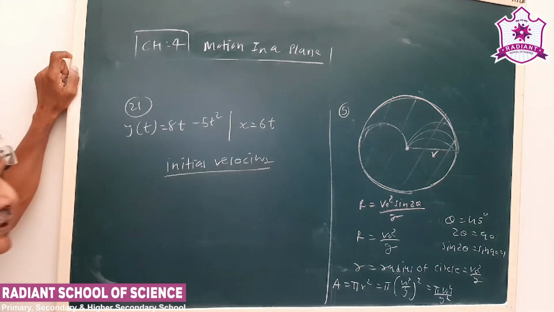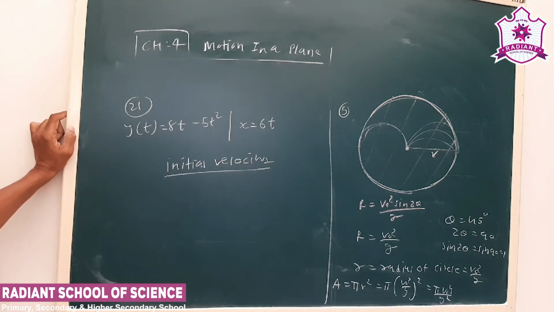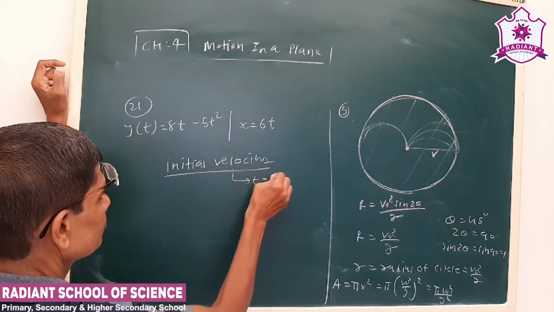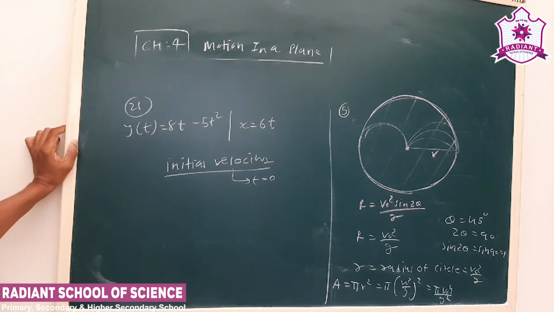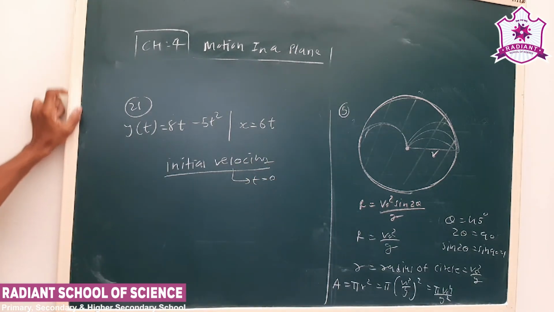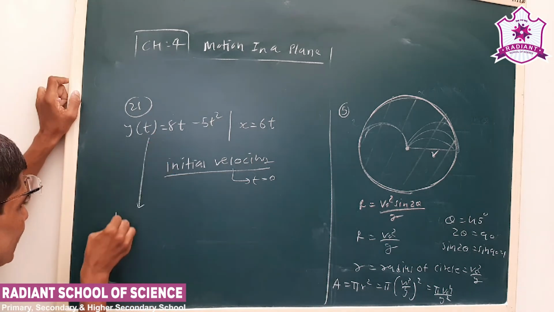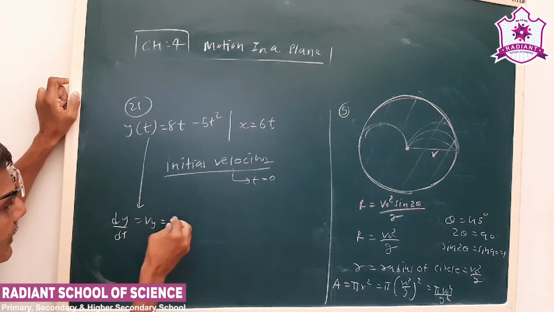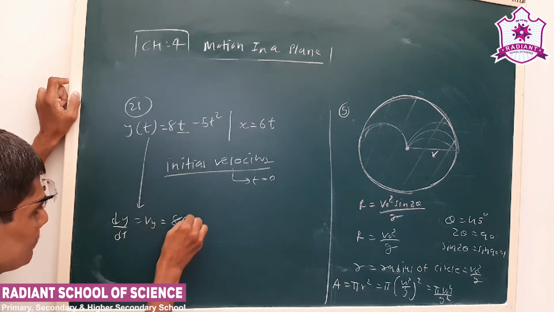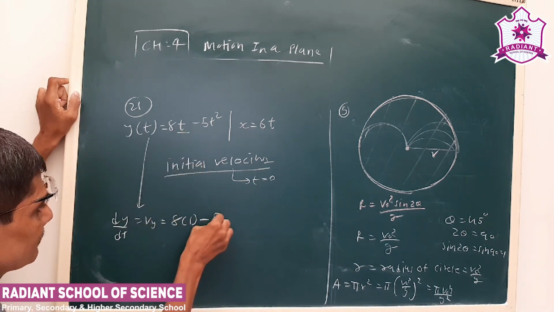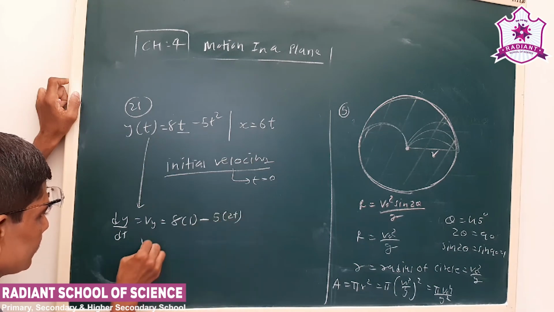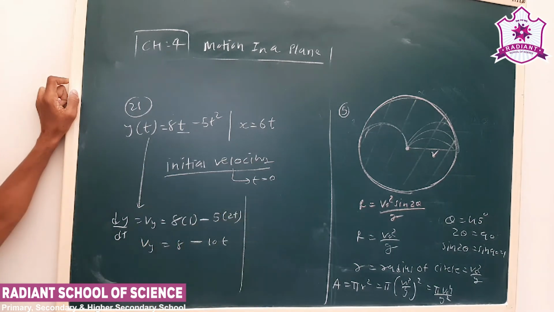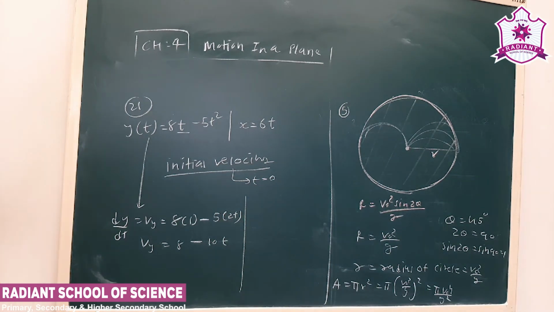Whenever initial velocity is asked, we have to understand that time is t equal to 0. What do we do first? Find the equation of the velocity. dy by dt: 8, the derivative of t is 1, minus 10t.